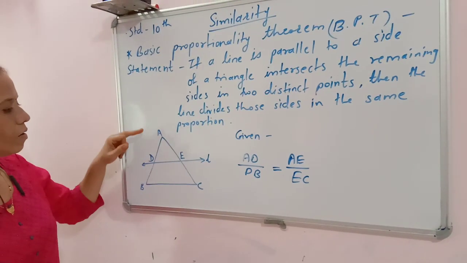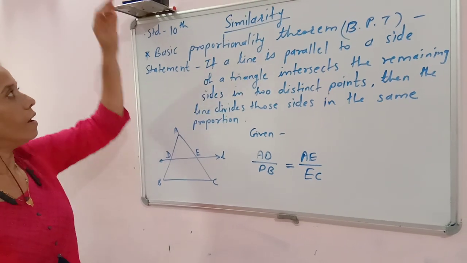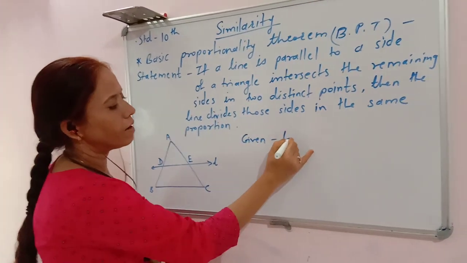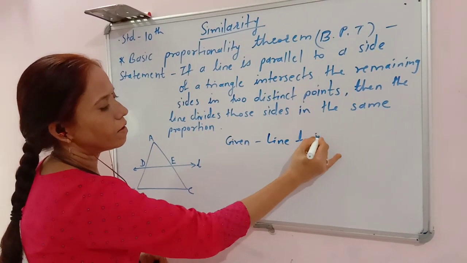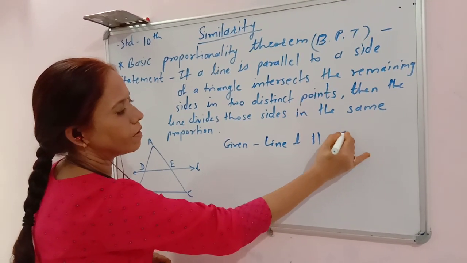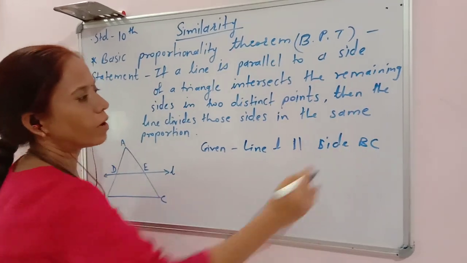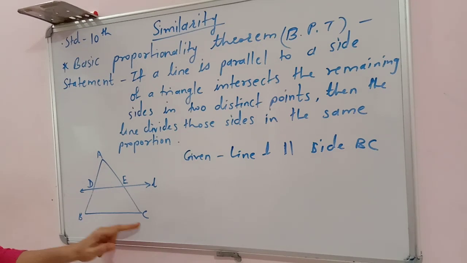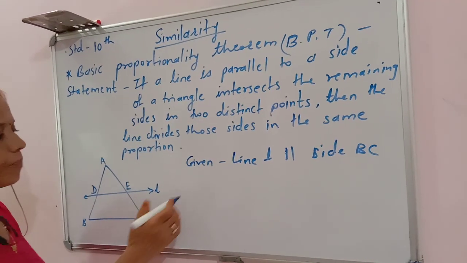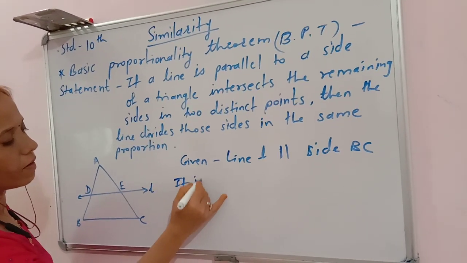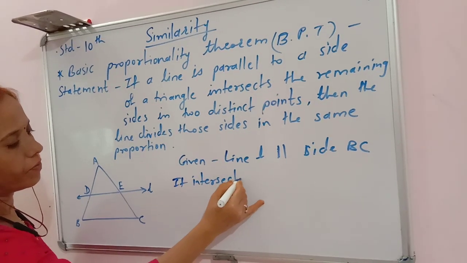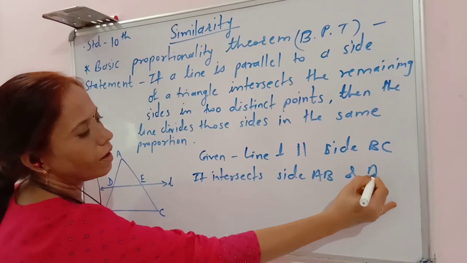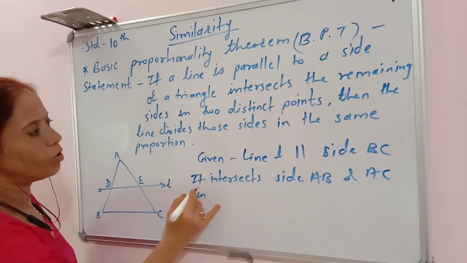What is given here? This line L is parallel to BC. I will write: given line L is parallel to side BC, and it intersects sides AB and AC in two distinct points.